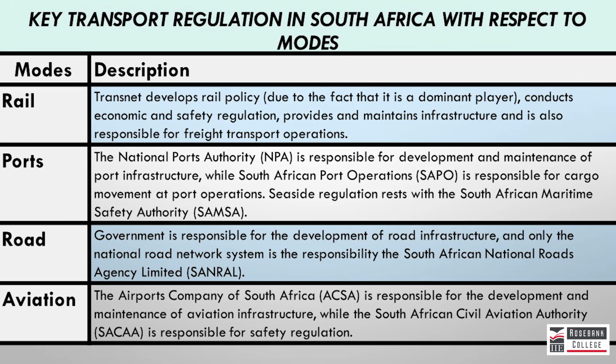The next one is aviation. In this mode of transport, the Airports Company of South Africa is responsible for the developing and maintaining of aviation infrastructure. Ultimately, the South African Civil Aviation Authority is responsible for safety regulation.